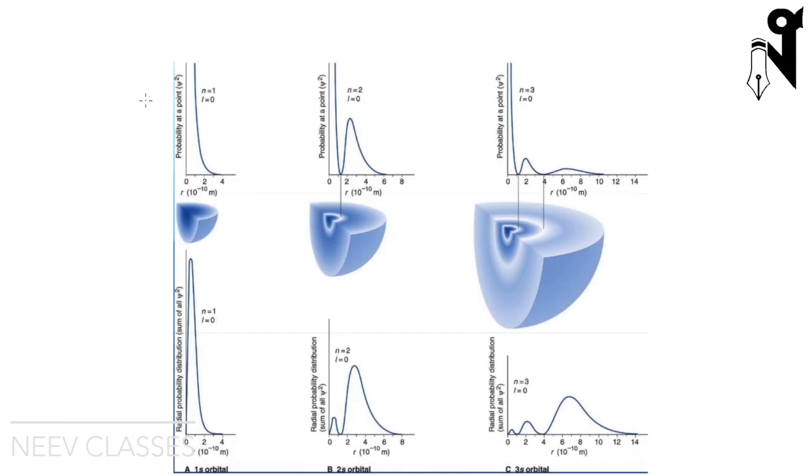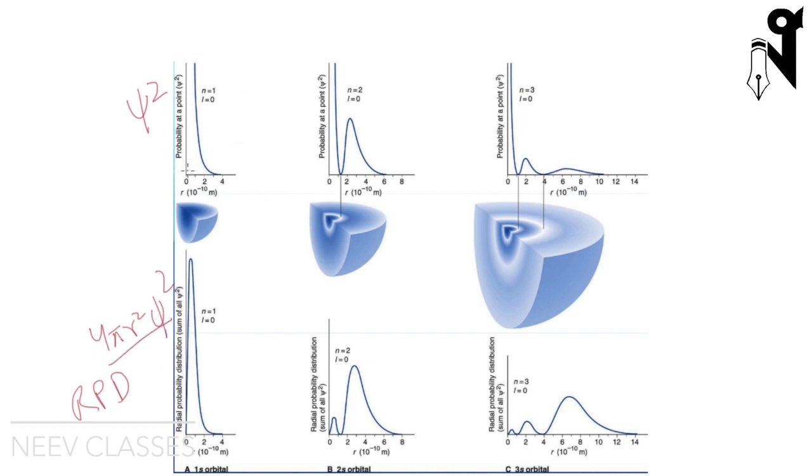So now you can see that they have drawn this probability density and the radial probability distribution. They'll call it RPD, radial probability distribution, which is 4 pi r square into psi square. So they have plotted both of them.